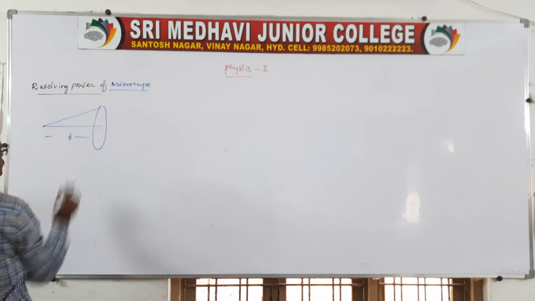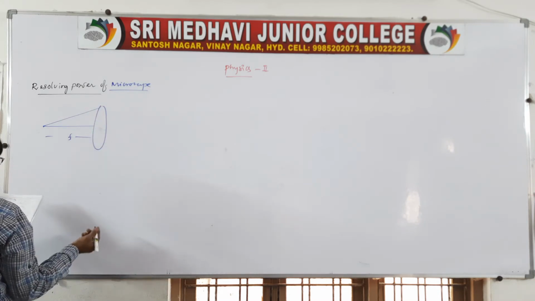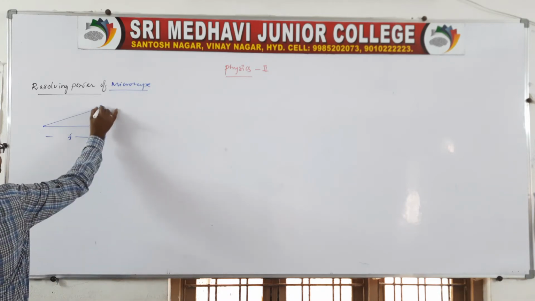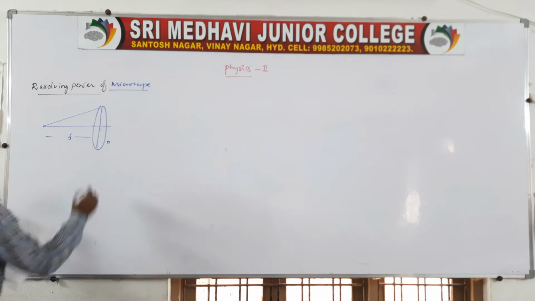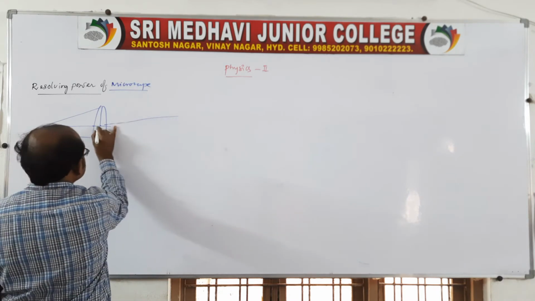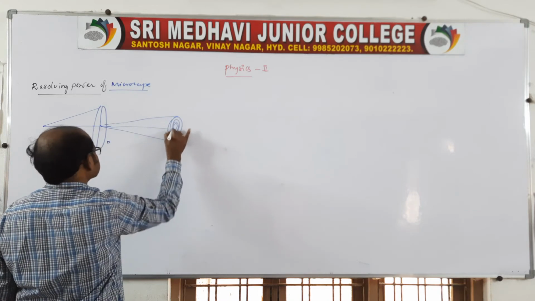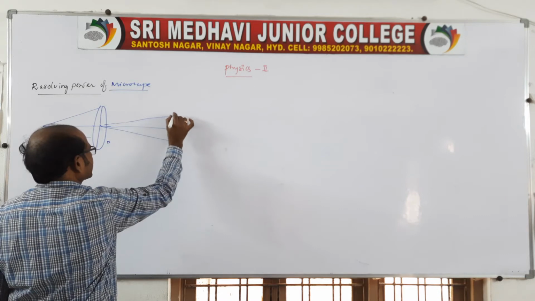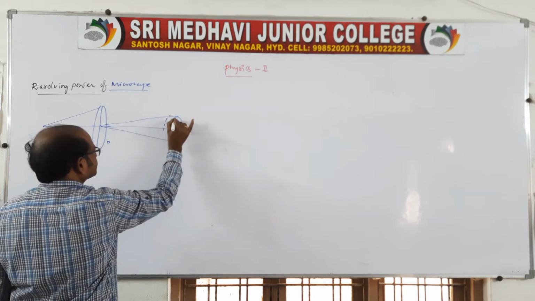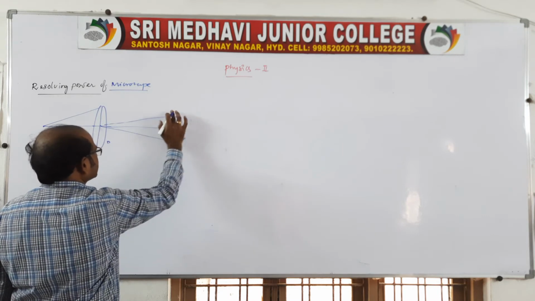Therefore the rays go, and the diameter of the lens you take as 2a, or you can say d. The rays which are going completely form an image like this, a central bright region, then a central minima, then again a central maxima, alternatively like this.